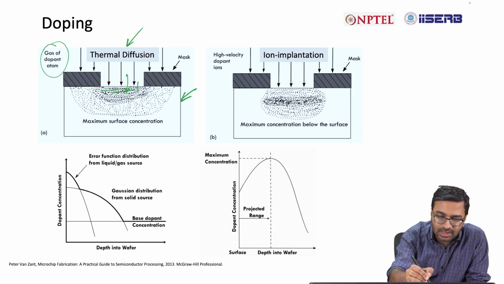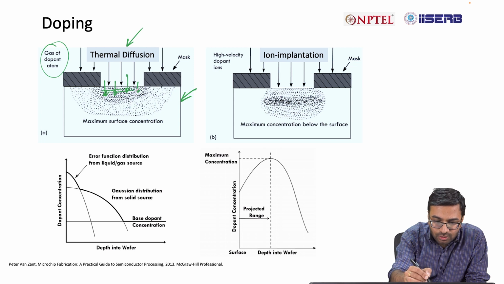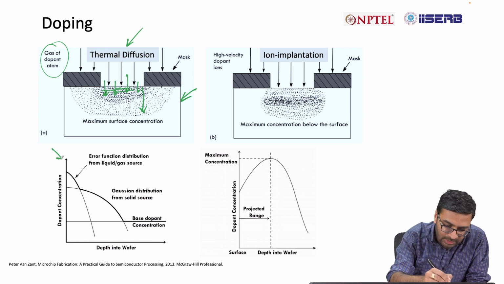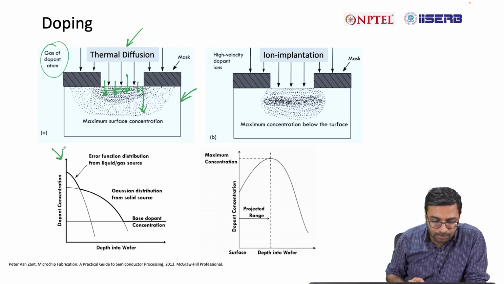Then they'll start diffusing inside the material, and because they are diffusing, you'll find the concentration of these dopant atoms is high near the surface. As we go deep into the surface, the concentration of the dopant material will reduce. So this is the typical plot for thermal diffusion process.